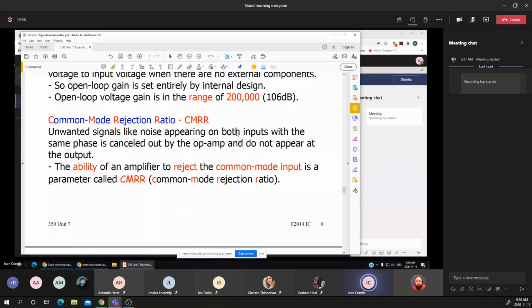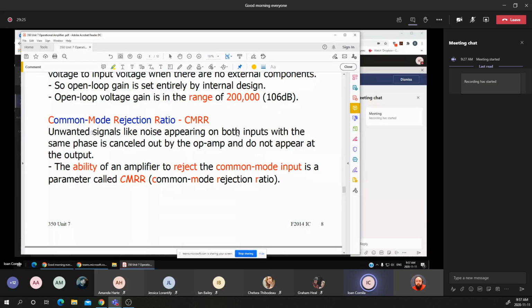Now, going back to the common mode means that the same signal is applied simultaneously on both inputs, means that the rejection ratio, and that's the abbreviation for the CMRR, common mode rejection ratio. Now, the unwanted signal or the noise or the external signal, we don't want to amplify that.